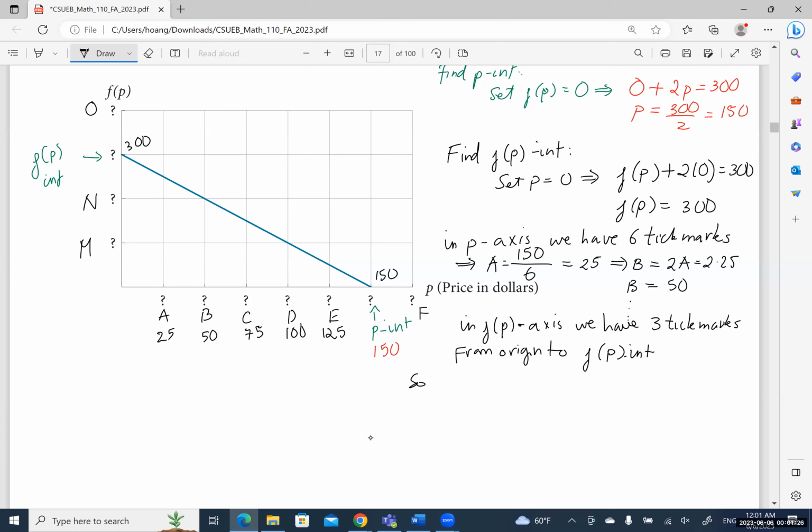All right. So M will be equal to 300 divided by 3, that's equal to 100. And N will be, keep going with 100, 200. And O will be 300. Right.